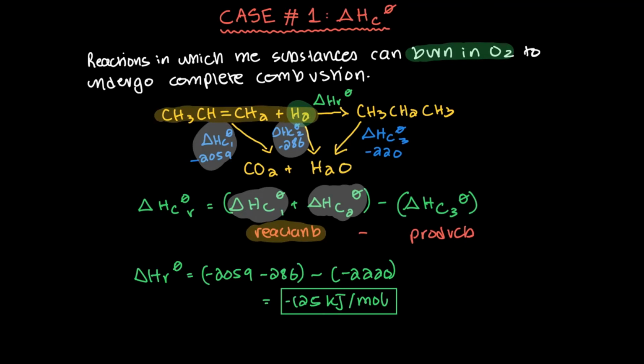And you're going to subtract the delta H of products from that. So in this case, you only have delta H of combustion 3, and you're going to subtract that. The values are given to you, and you plug them into the equation, and you get the value for delta H of reaction. So in this case, you are using the delta H of combustion to calculate the delta H of reaction.